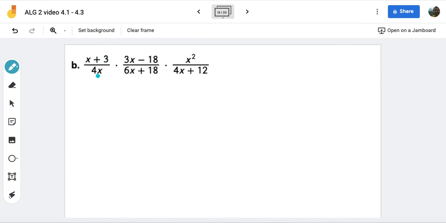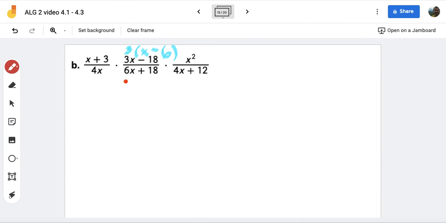Okay, x plus 3, that's already simple enough. This factors into, maybe I can write it right here, 3 times x minus 6. And the x squared is already factored. And now in the denominator, this can be risky because I might forget that I have some of this in blue and some of this in black.